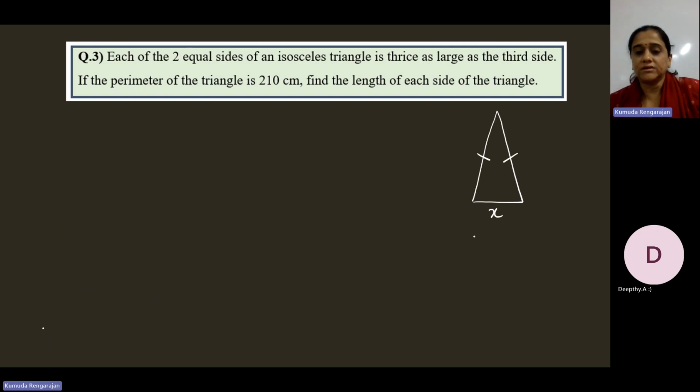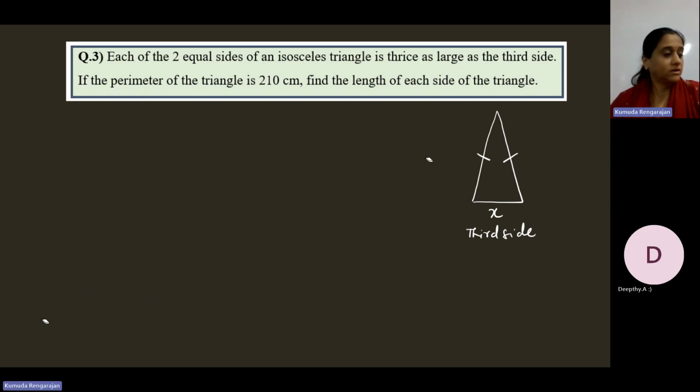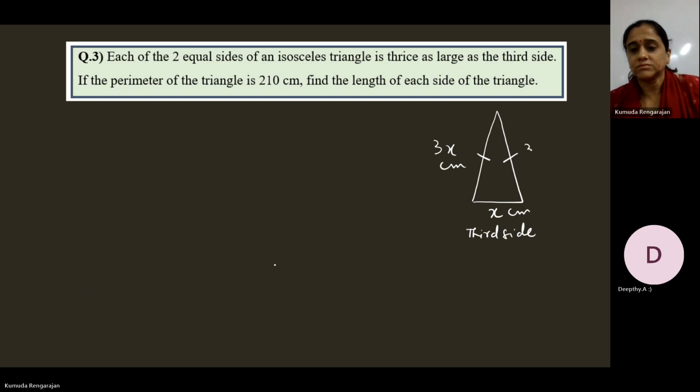So this is the third side, okay? Equal sides, that's already marked. I don't have to write that. So if the third side is x centimeters, then what about the length of the equal sides? 3x centimeters. So what do we write?